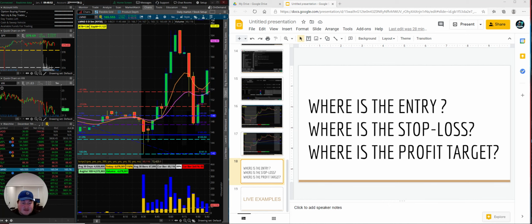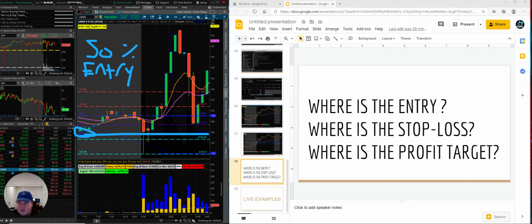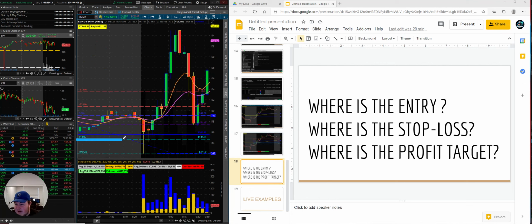But all you really need to focus on is the 50. So the 50 is our entry, right? The 50% retracement right here is our entry. Okay, so now the 61.8 is our stop. 61.8 is the stop loss.